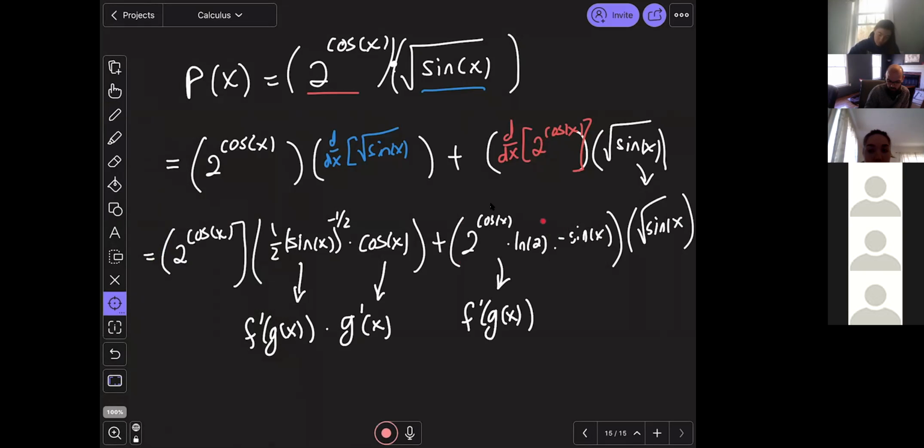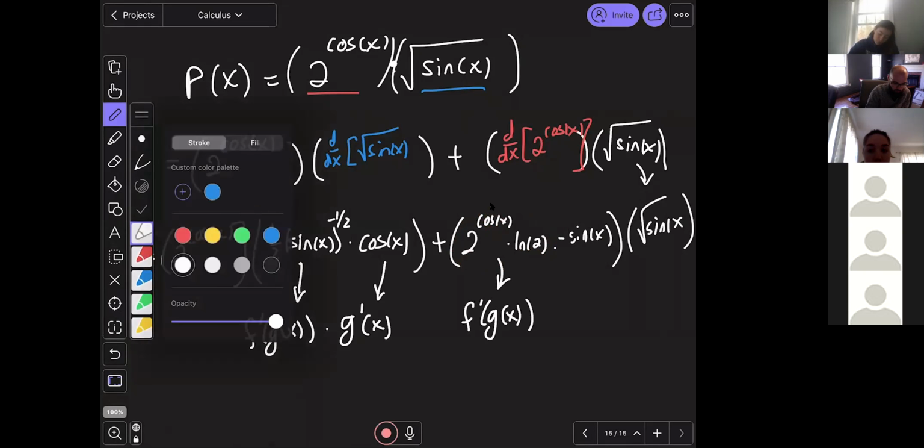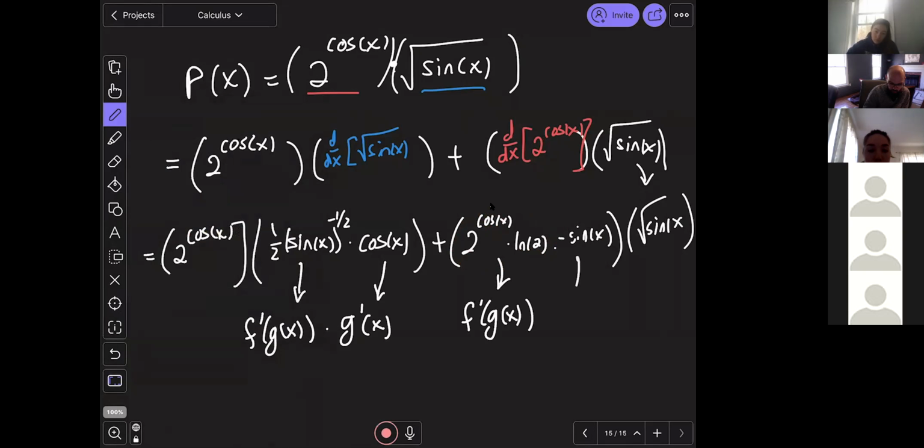So this is the derivative of an exponential, right? 2 to the input times natural log of 2. And then we're multiplying by the derivative of that inside function, right? So this is g prime again. So excuse the notation here. These f's and g's are different, right? So this is just pointing out that this is the notation for our chain rule. So this f and this f are different functions.